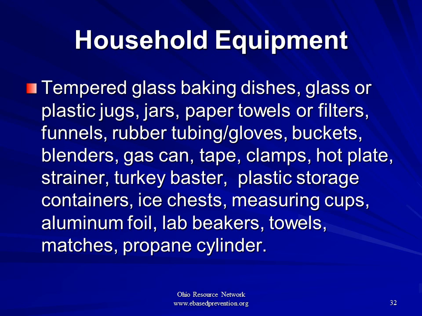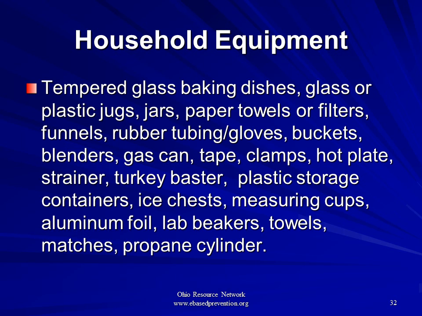And these are some of the different things that are used as replacements for laboratory equipment. Typically, they'll attempt to reuse tempered glass, baking dishes, Pyrex ware, glassware, plastic jugs, jars, paper towels, coffee filters, funnels, and so forth.